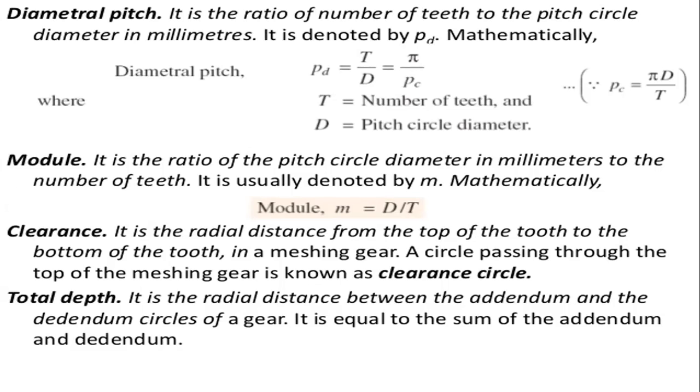So PD is taken as capital T by D, where T is the number of teeth and D is the pitch circle diameter.